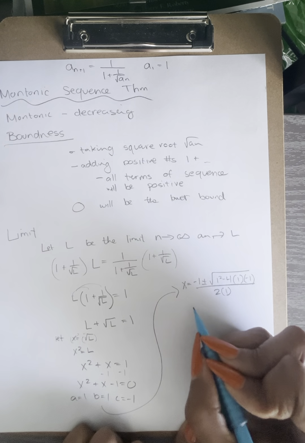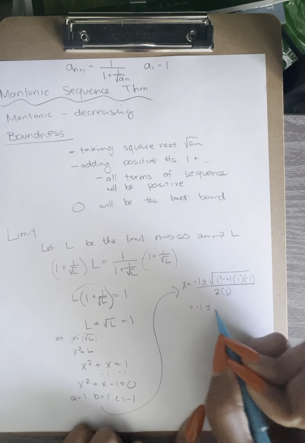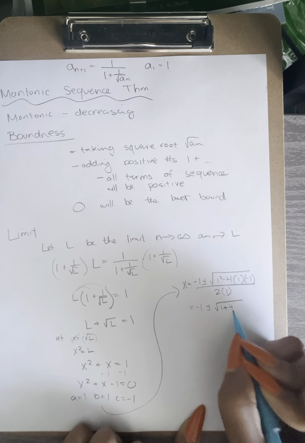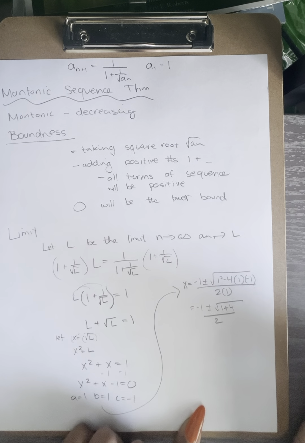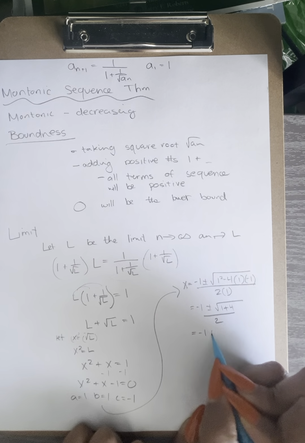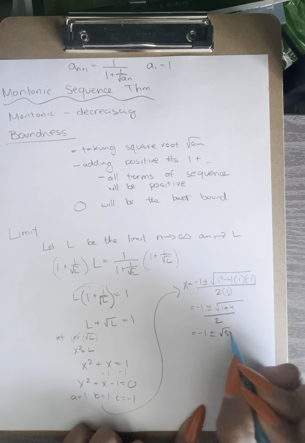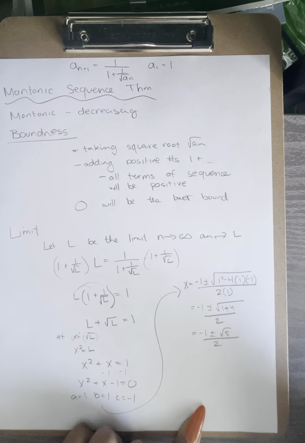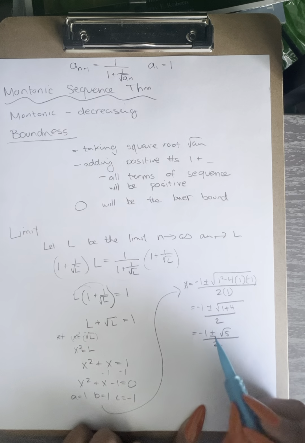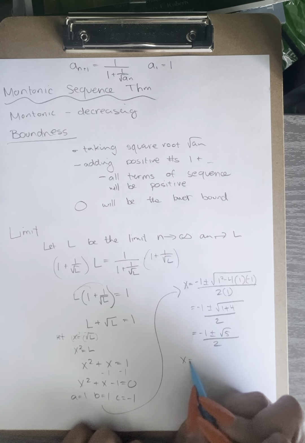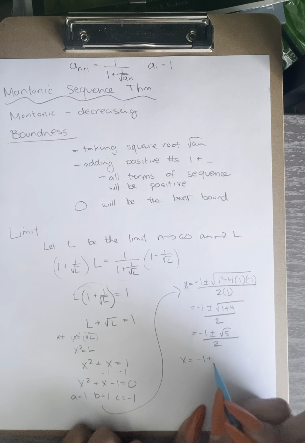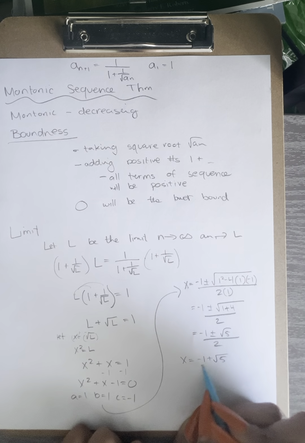I can simplify this to give me -1 plus or minus the square root of 1 plus 4, over 2, which further simplifies to the square root of 5. Now, because X needs to be positive, I can only have one solution, which is plus root 5.